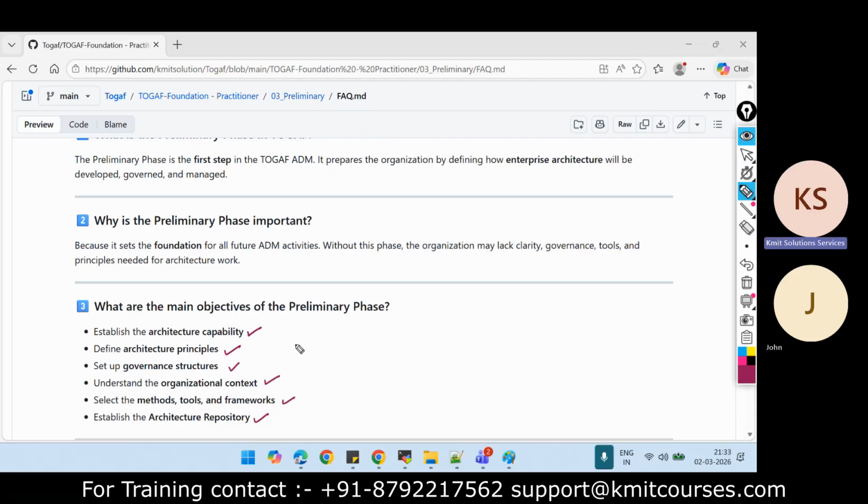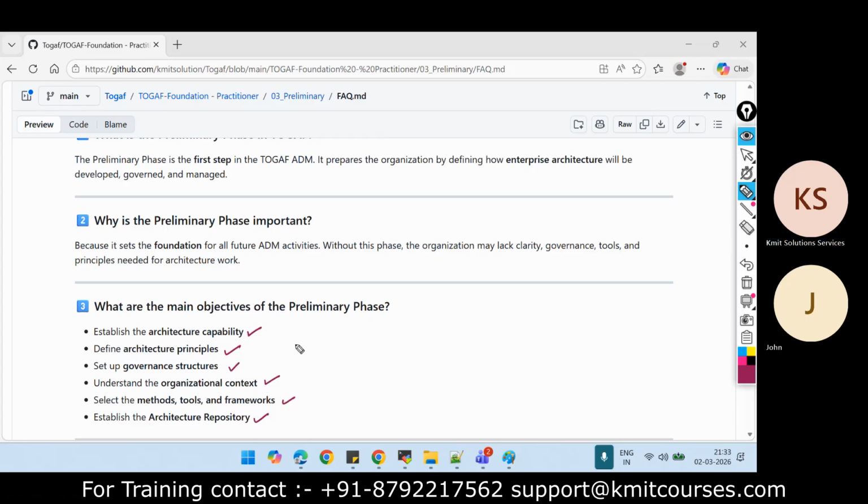Maybe you want to say that I want to migrate my on-premises environment to a cloud-based environment, then cloud first approach. Then how the data will be accessible. It will be accessible within the organization and outside the organization also, right? Those guidelines we define under the architecture principles only.